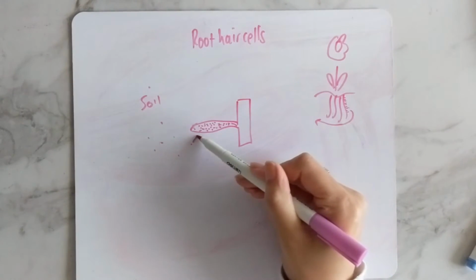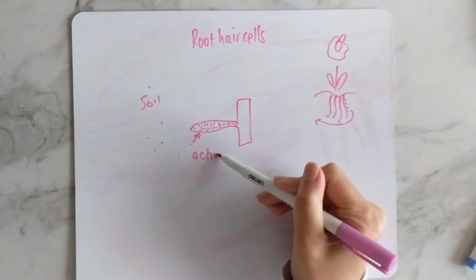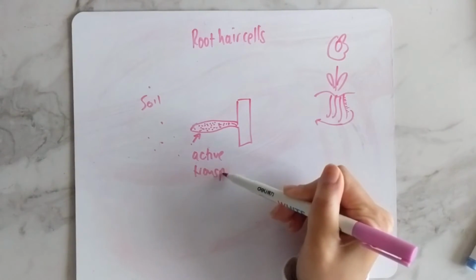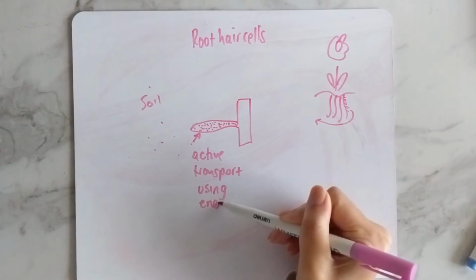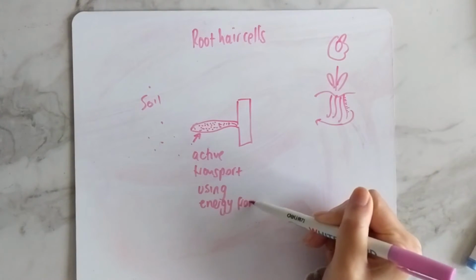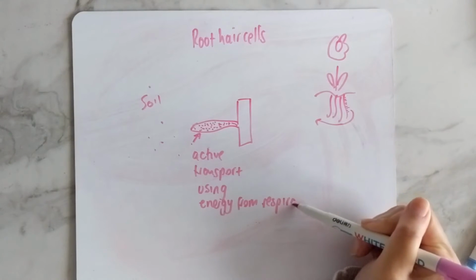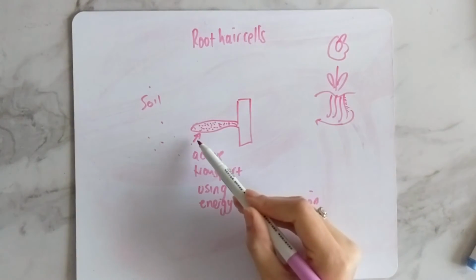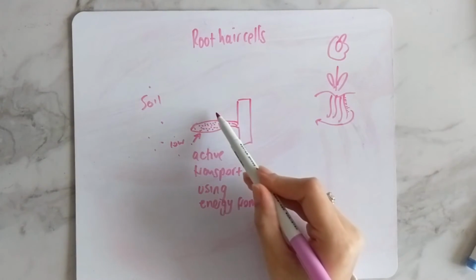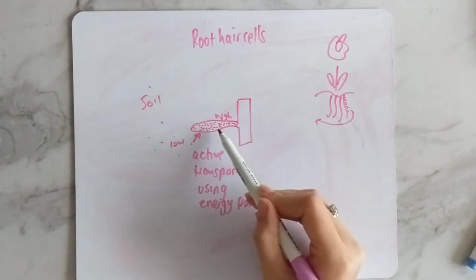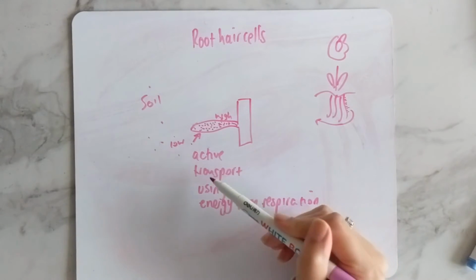So they do this via active transport. So using energy from respiration, water will move out of the soil from a low concentration to a high concentration inside the root hair cell.